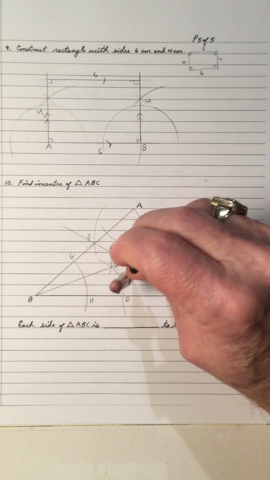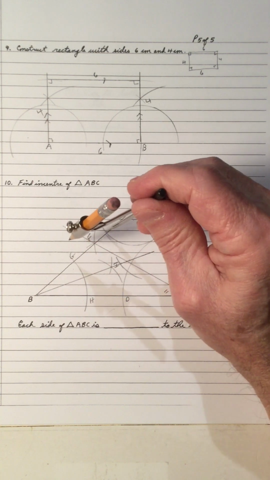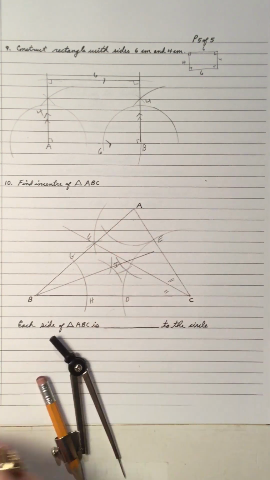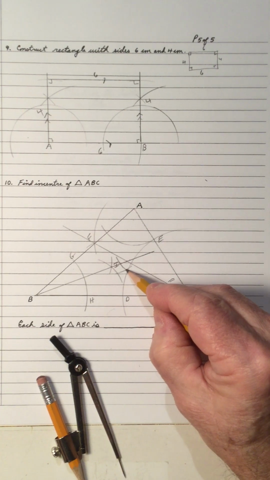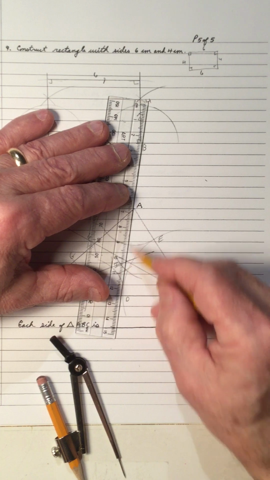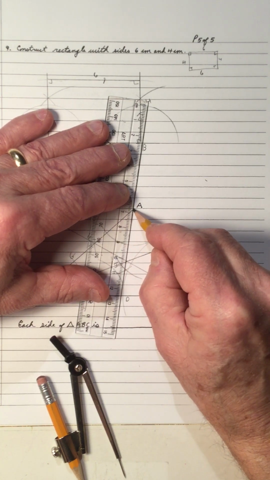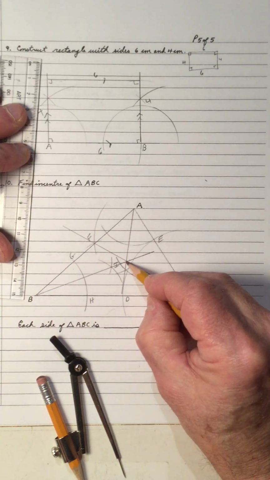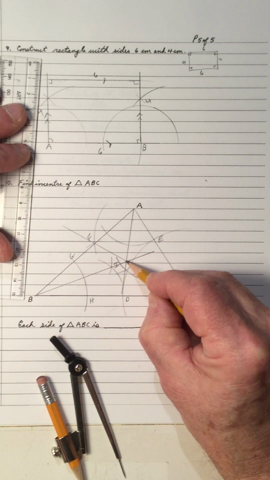So we draw an arc. Place it here. We draw an arc. So the two arcs are intersecting. So from here to A, this is an angle bisector. So the three of them are meeting at this point.